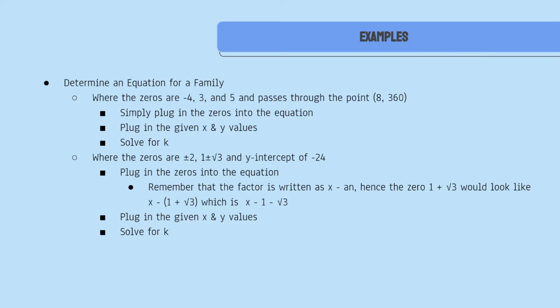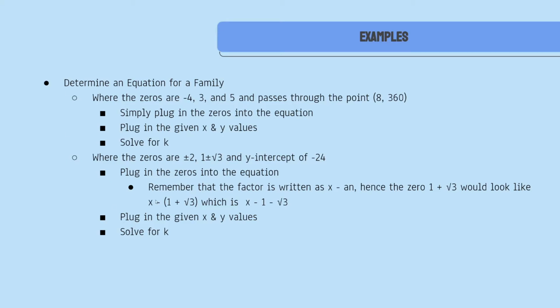The steps at first are the same. You plug the zeros into the equation y equals k times (x minus a1) all the way to (x minus an). Now, remember that a factor of the equation is written as x minus an, or a1, whatever you want to say.